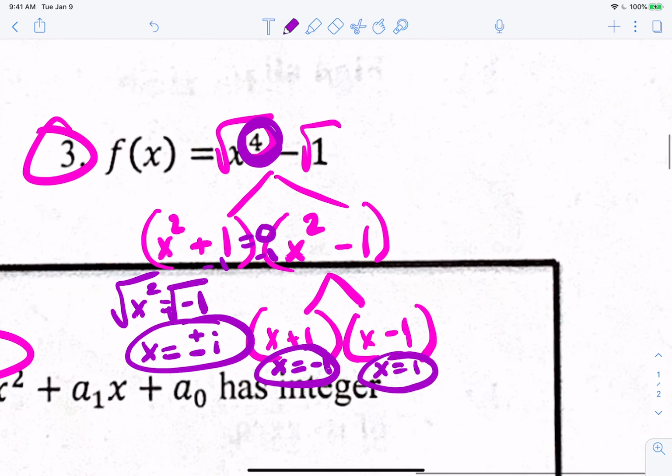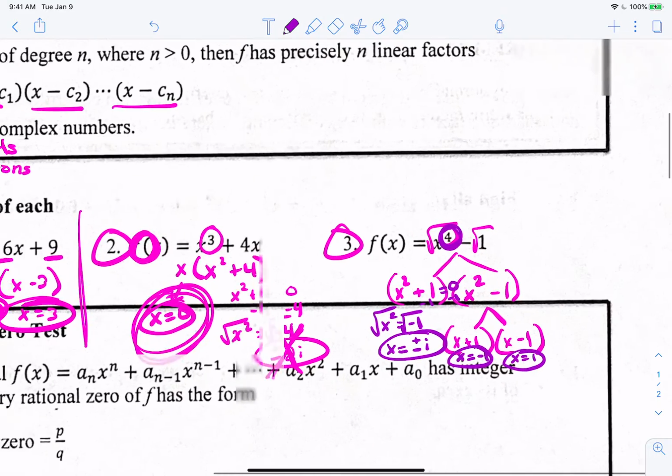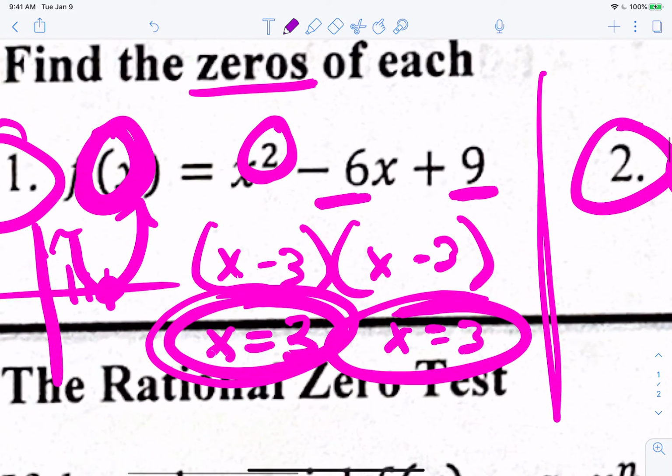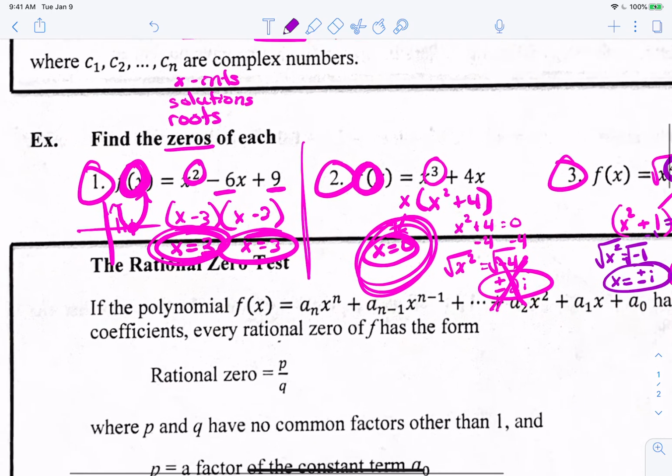So when you have higher powers, like 4th power, and he only touches twice, that means the other 2 are imaginary, or, like in the first one, the other one is a repetition of the one that you already have, right? Like 3 and 3. So it's either a repeating value or an imaginary value if you don't have as many as you should. Does that make sense? Okay, good?